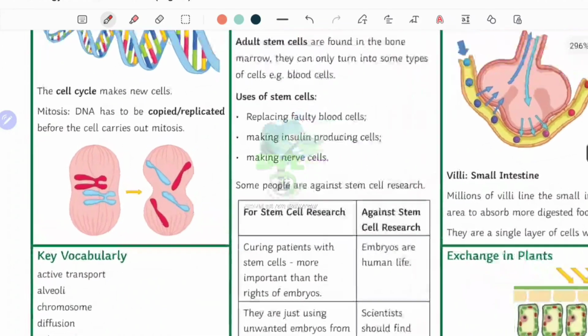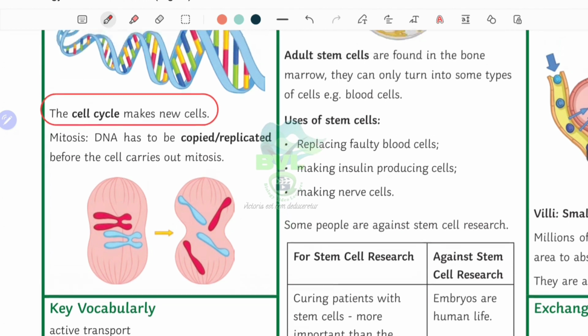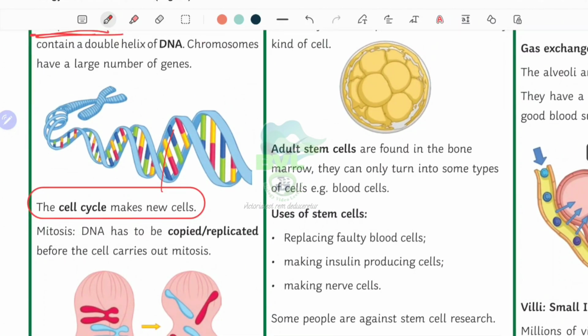Now, you should know that when a cell wants to divide, it undergoes the cell cycle. Well, cells normally undergo the cell cycle, but I'm going to emphasize something real quick here. Please pay attention to what I'm going to do here.